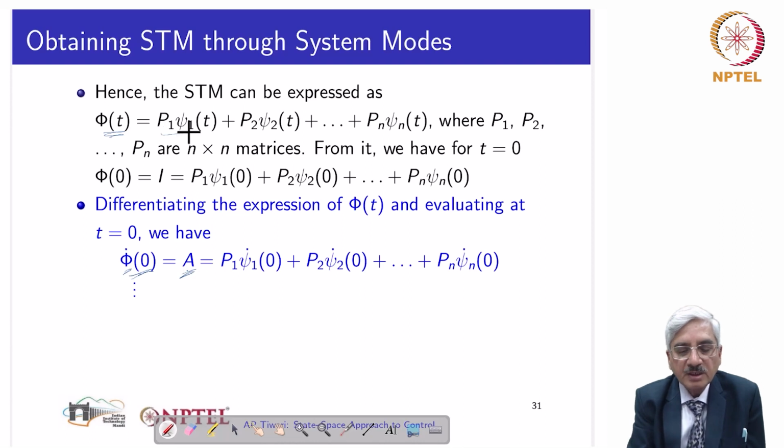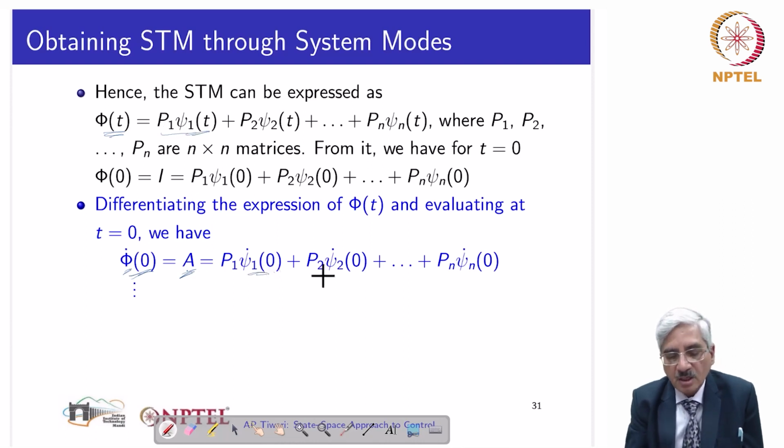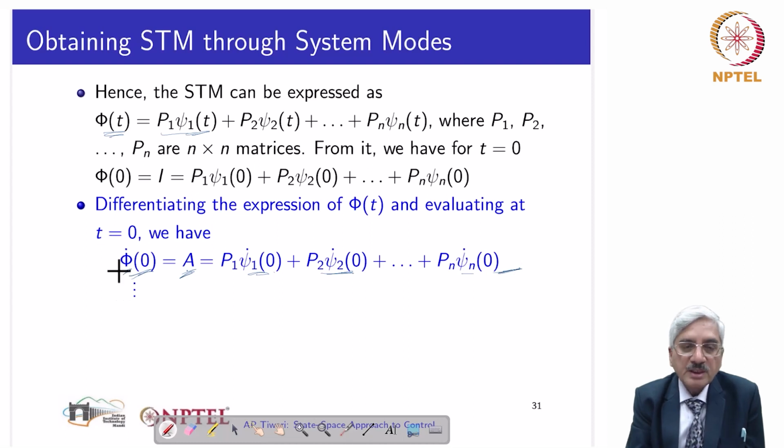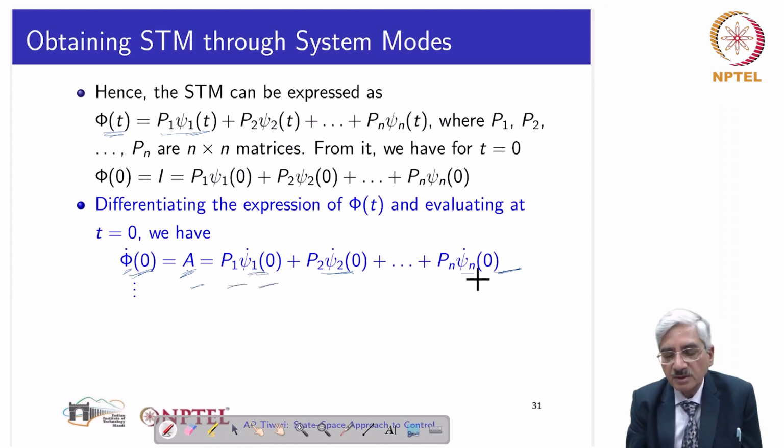And this will be P1 into psi 1 dot evaluated at t equal to 0, P2 into psi 2 dot evaluated at t equal to 0, and so on. We can do similarly to obtain phi double dot, which will be A square, and P1 psi 1 double dot evaluated at t equal to 0, and so on.